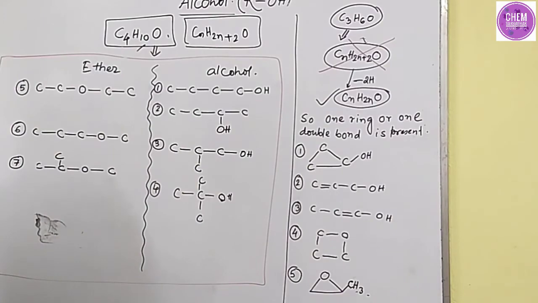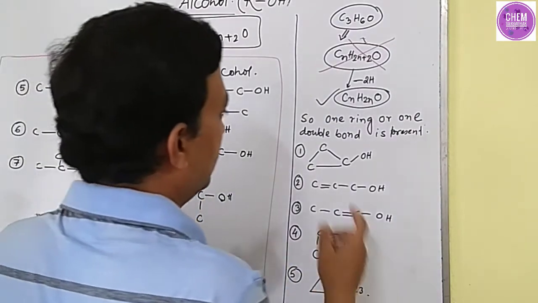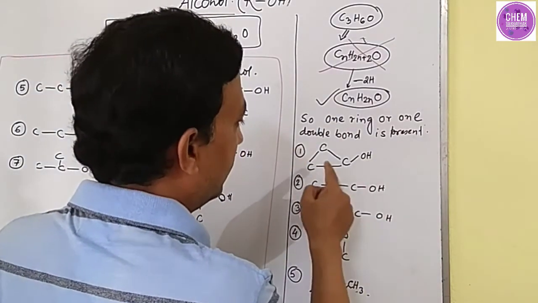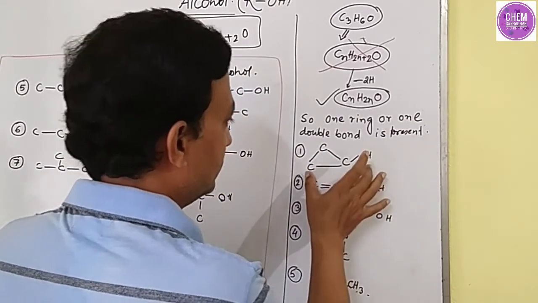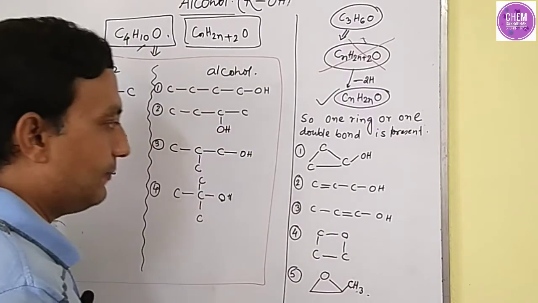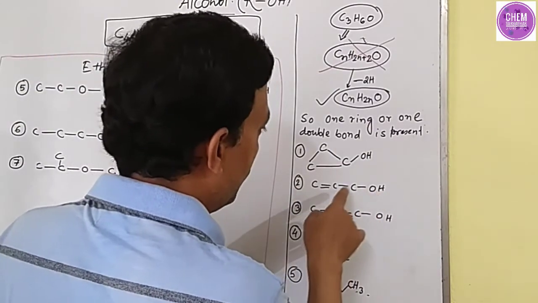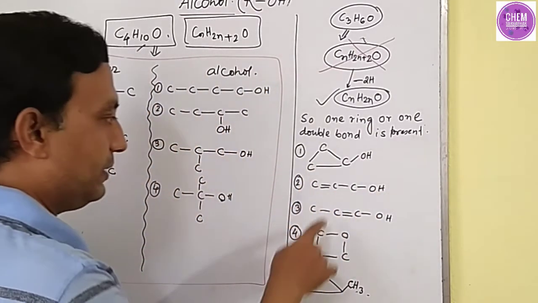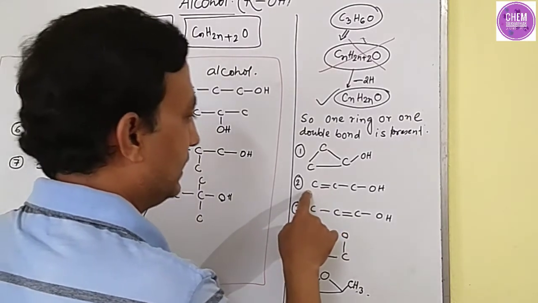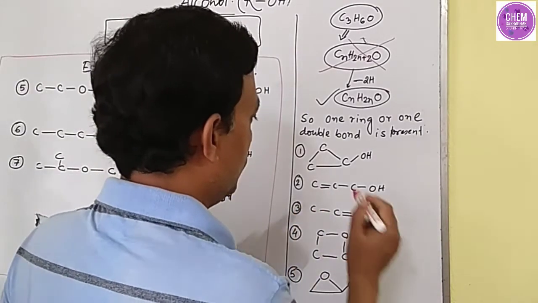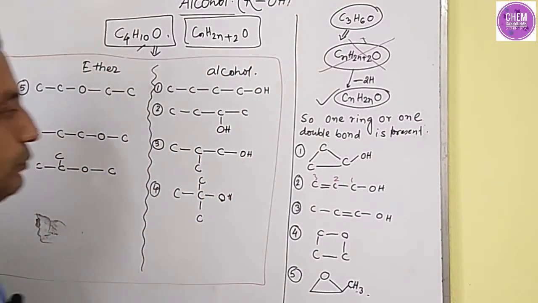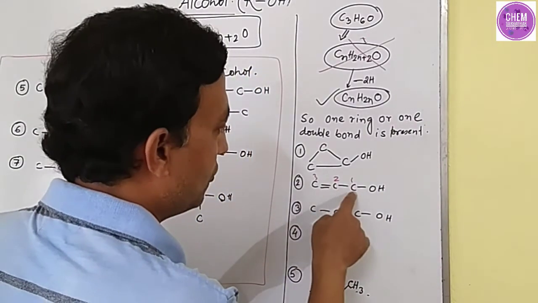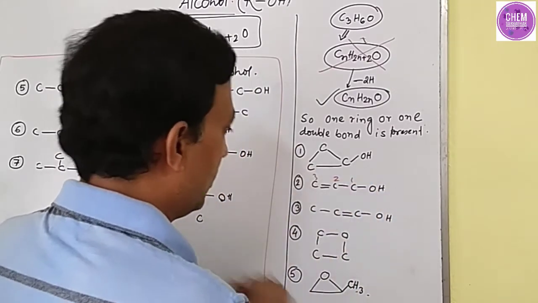So we write the cyclic compound, that is a triangle with OH, cyclopropanol. If we write an open chain, then there would be one double bond, that is 1, 2, 3, that means prop-2-en-1-ol, an unsaturated alcohol.